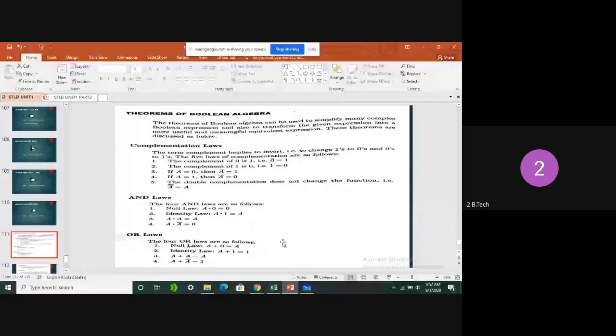So no need to take A square. Why? Because A has two levels only, 0 and 1. So obviously A into A is always A. That is the specialty of Boolean algebra. Boolean algebra is not similar to our decimal algebra. Here the rules may be entirely different, and every rule we need to think about in terms of ones and zeros only.